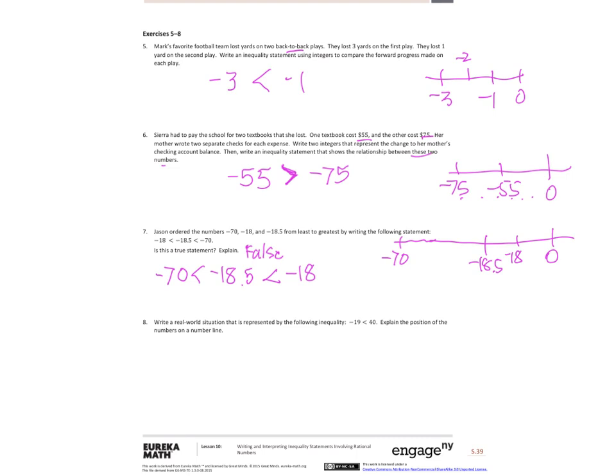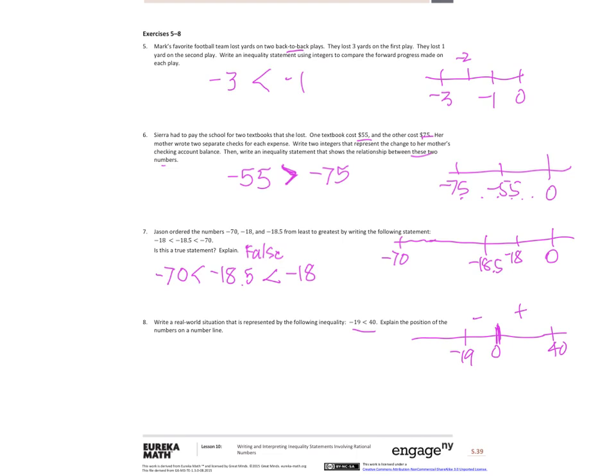Write a real world situation that's represented with the following inequality. -19 is less than 40. So here's my number line. I know that 40 is going to be way up here on the positive side, and I know -19 is over here on the negative side. My 0 is the midpoint.